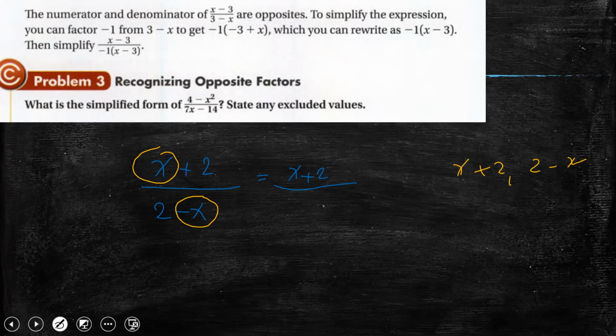I will repeat: since the variable, which is x up and negative x down, has an opposite value here, as you see, x and negative x are opposite to each other. Because of that, I will say they are opposite factors. So you can rewrite it as negative 1 times x plus 2.